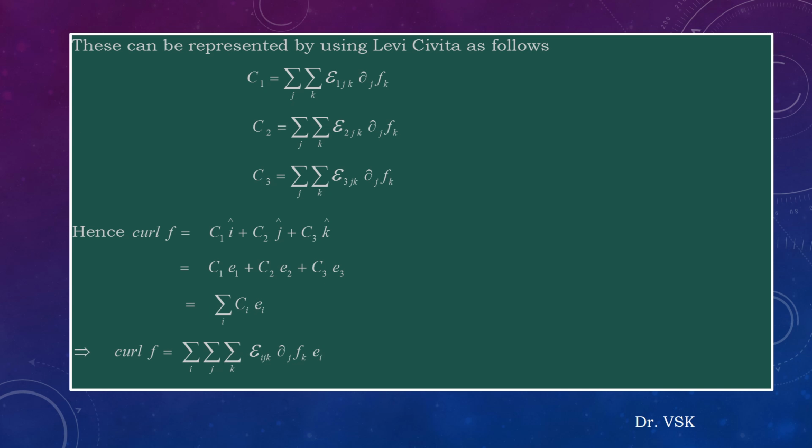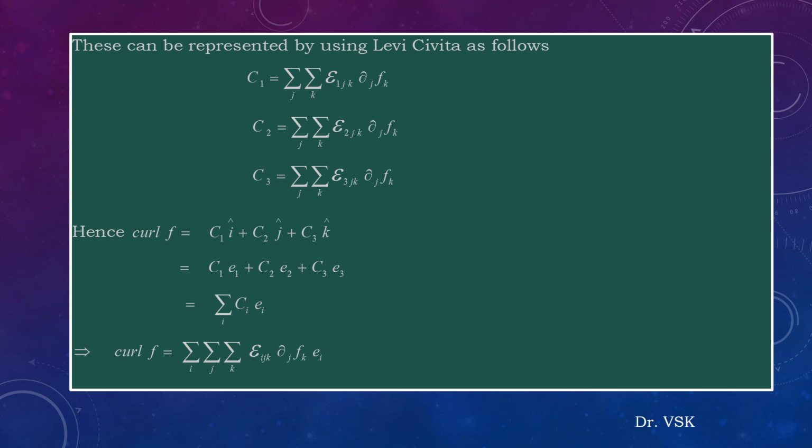To expand this, let's fix k and expand the summation over j by taking j equals 1, j equals 2 and j equals 3. Then this expansion equals epsilon sub 11k ∂1 Fk plus epsilon sub 12k ∂2 Fk plus epsilon sub 13k ∂3 Fk.